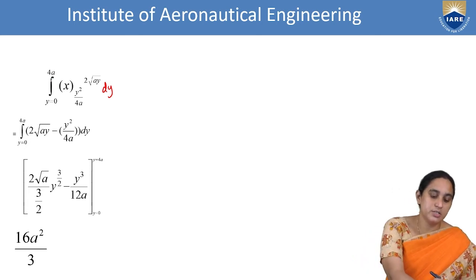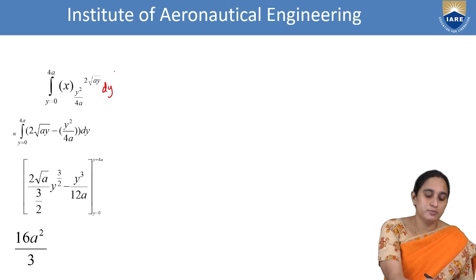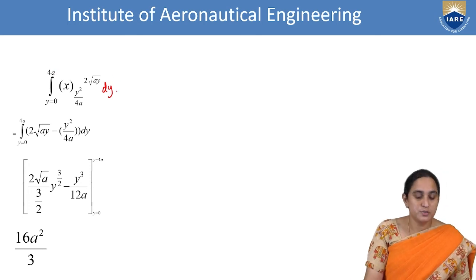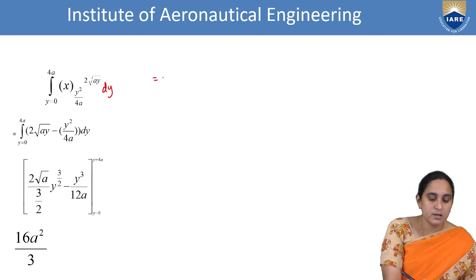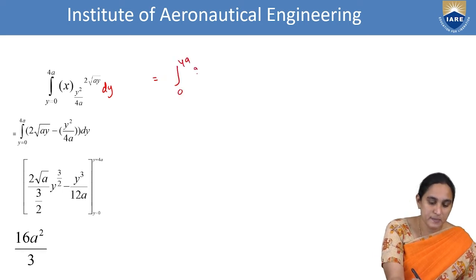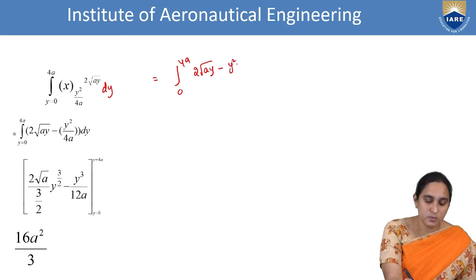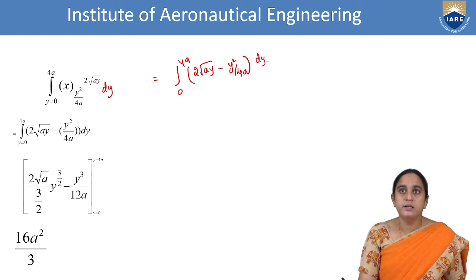And the next integration is the integral of y from 0 to 4a dy. Now substitute the limit points here, the x limit points: 2 root ay minus y square by 4a, into dy.